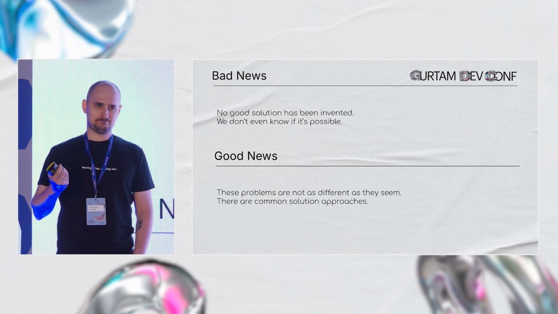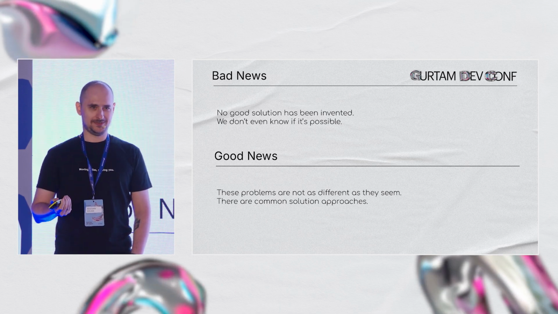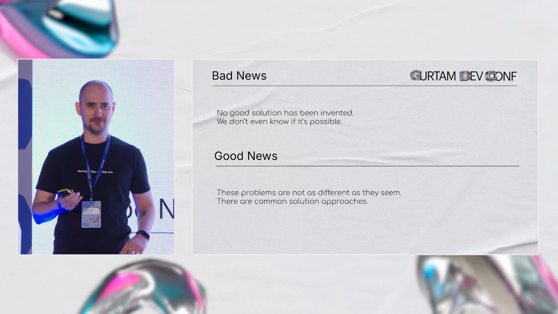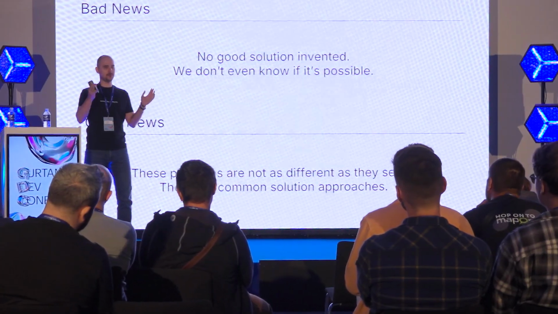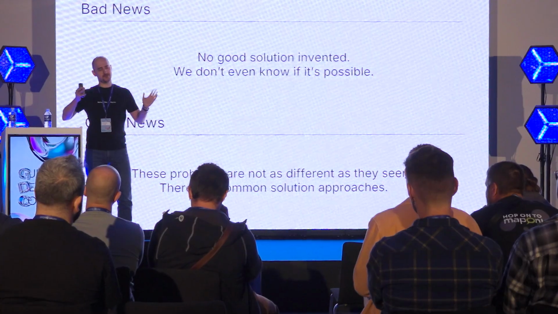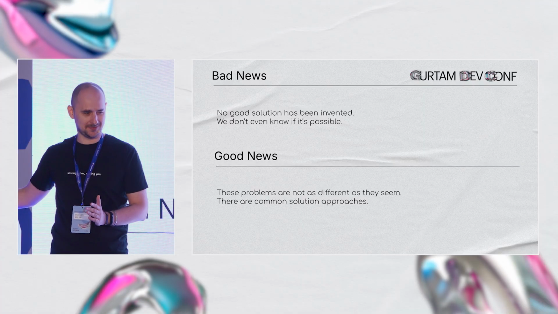The bad news: no good solution has been invented for such problems. We don't even know if it's possible, so probably you will have to look at every possible answer and find the best one. And the good news, these problems are not that unique. They all fall in the category of look at every possible answer and find the best one.